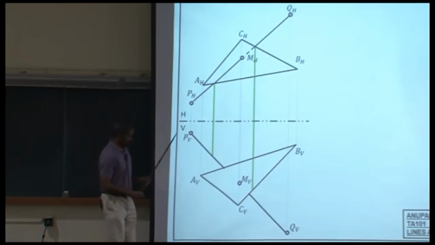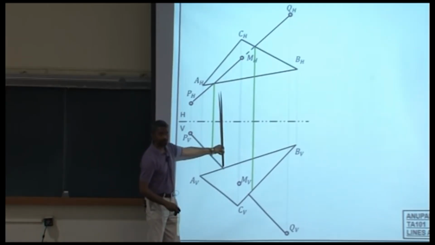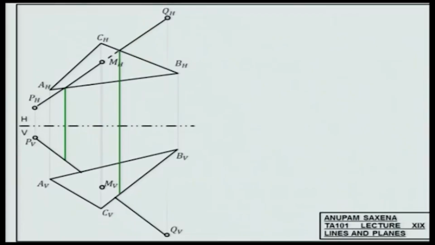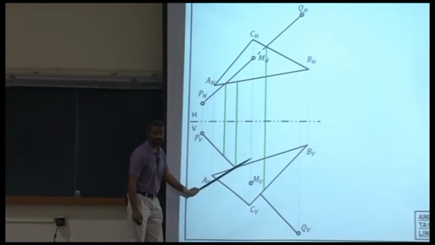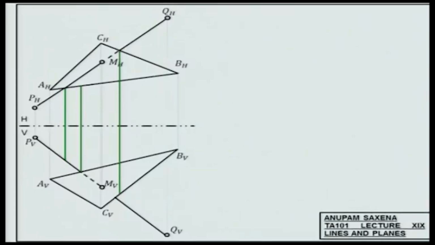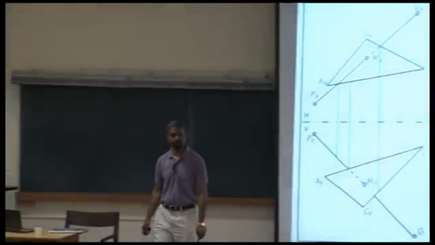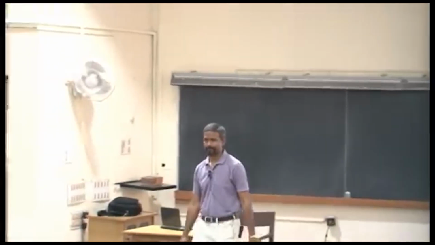I raise a vertical from here, go on to the top. What does this vertical hit first? AB. It hits AB first. That means this part of the plane is in front of the line, and therefore the line is behind that part of the plane, and therefore the line is dashed.